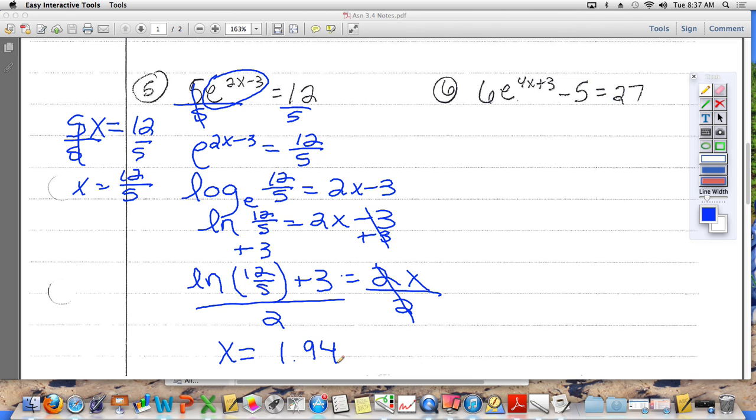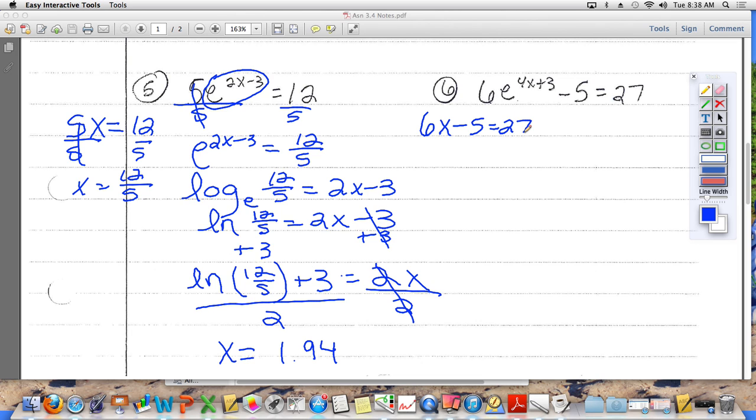Number 6. First of all, can I erase number 5? Is everybody down with number 5? Okay. Number 6, think of it like this: 6x minus 5 is equal to 27.